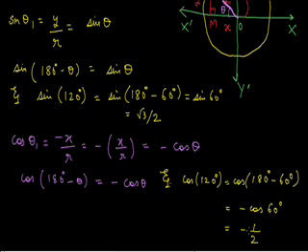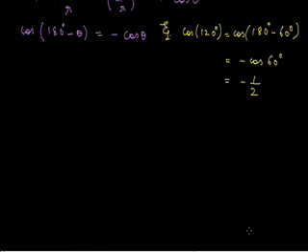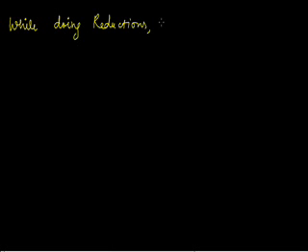Is that clear? So from these above illustrations, what we have concluded is that while doing reductions, we need to take care of two things.